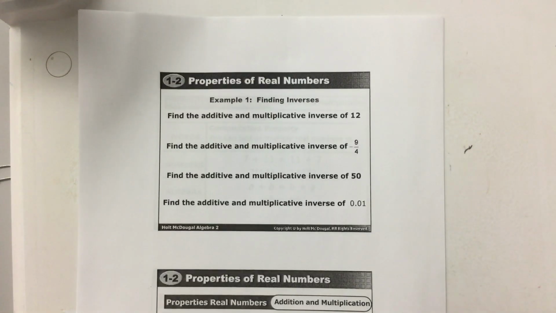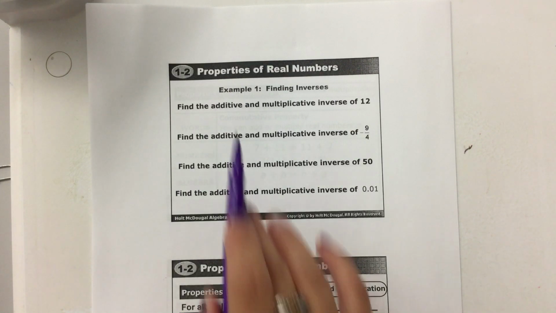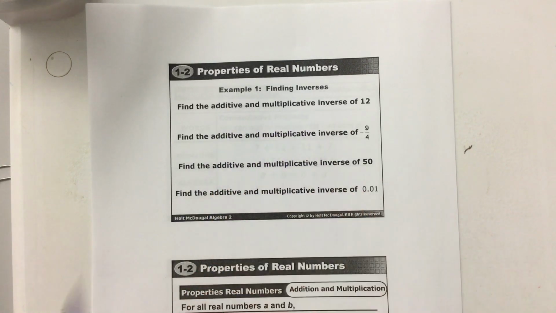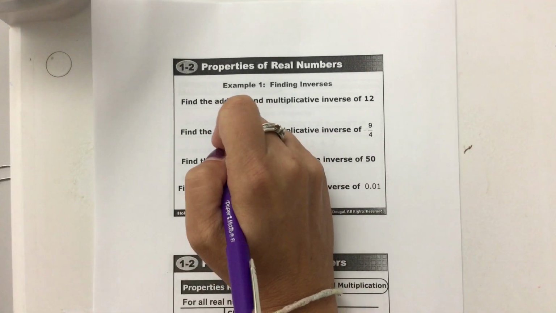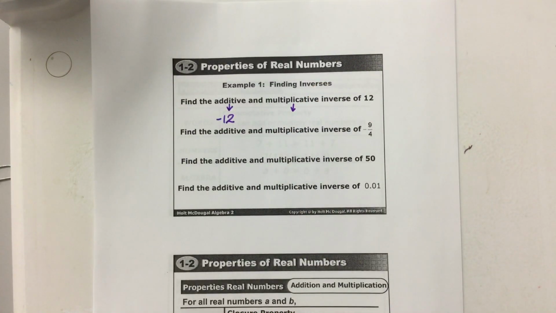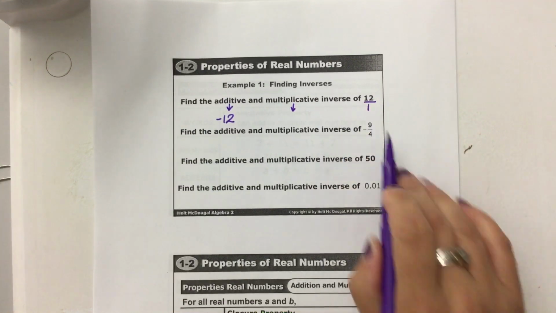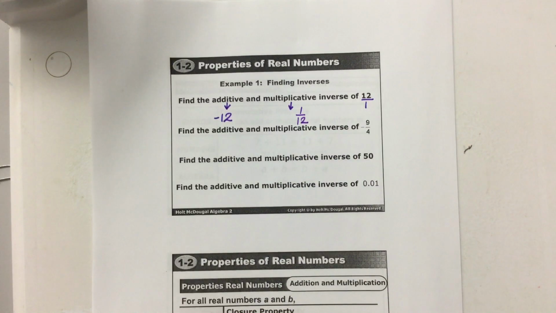Okay, so here are the first examples of the types of questions that you are going to see in your worksheet. It says find the additive and the multiplicative inverse. Additive inverse, remember the additive is the opposite. So the opposite of a positive 12 is a negative 12. Multiplicative inverse is the reciprocal. The reciprocal of 12, which is the same as 12 over 1, would be 1 over 12.